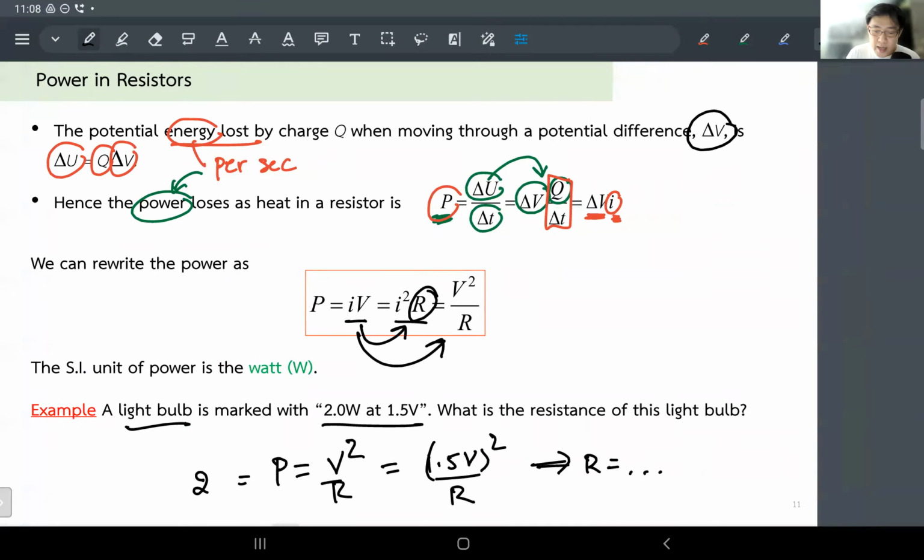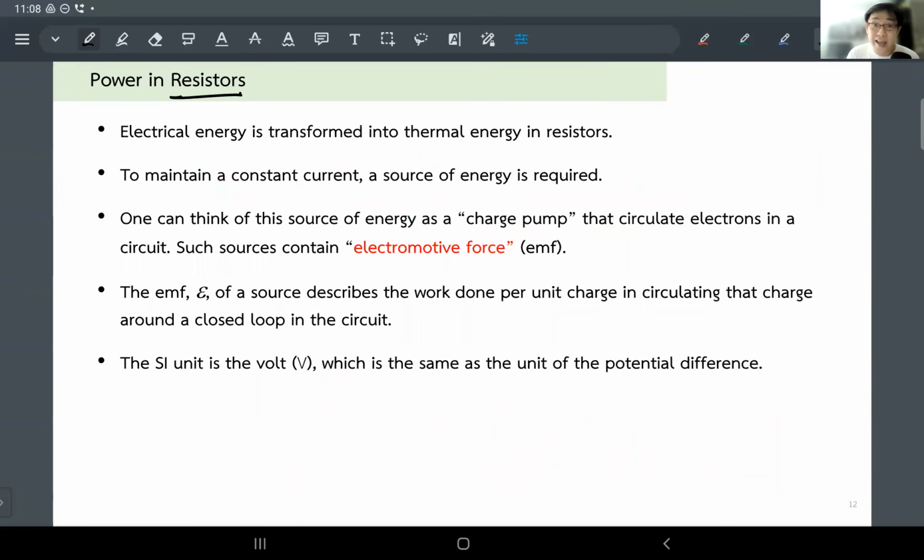So that means the resistor here can mean anything. It can mean your smartphones, it can mean your refrigerator, your light bulb, and everything. So any device that has resistance built in can be treated as a resistor.